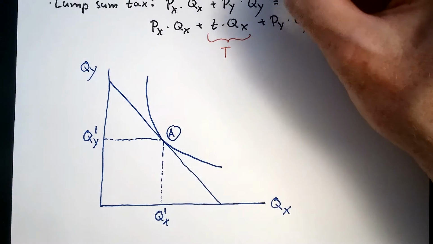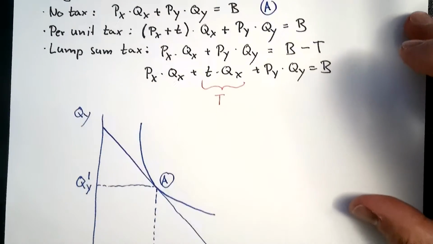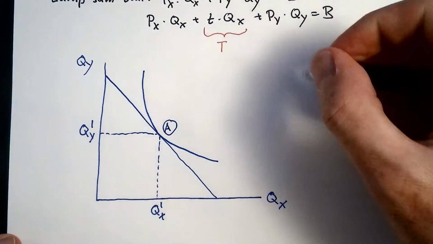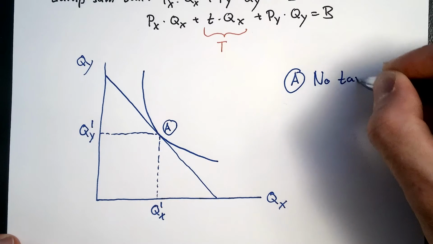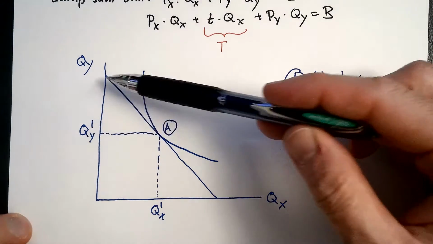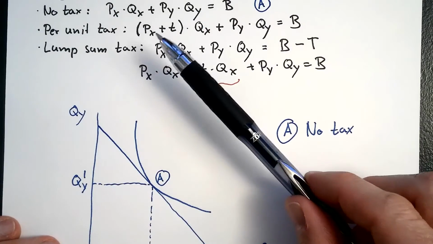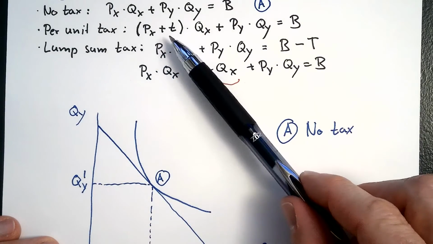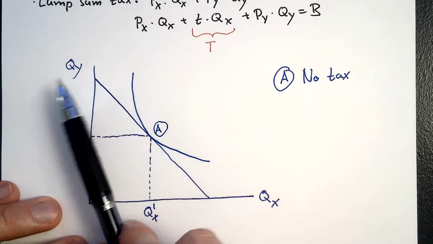This corresponds to the no tax situation. Now, if we have a per unit tax, then the budget constraint is going to be rotating inwards, because we now have a per unit tax, which increases the price for X, and hence that is equivalent to an inward rotation.